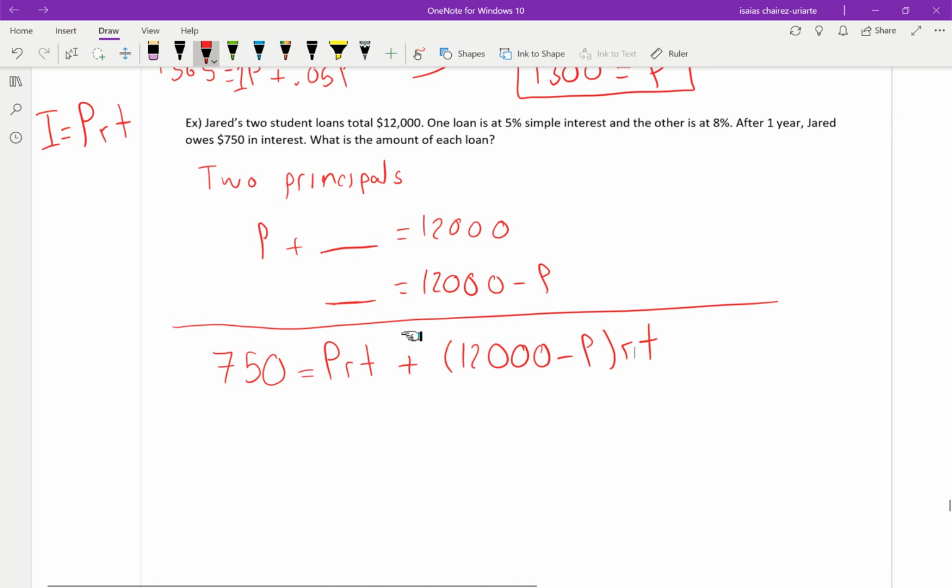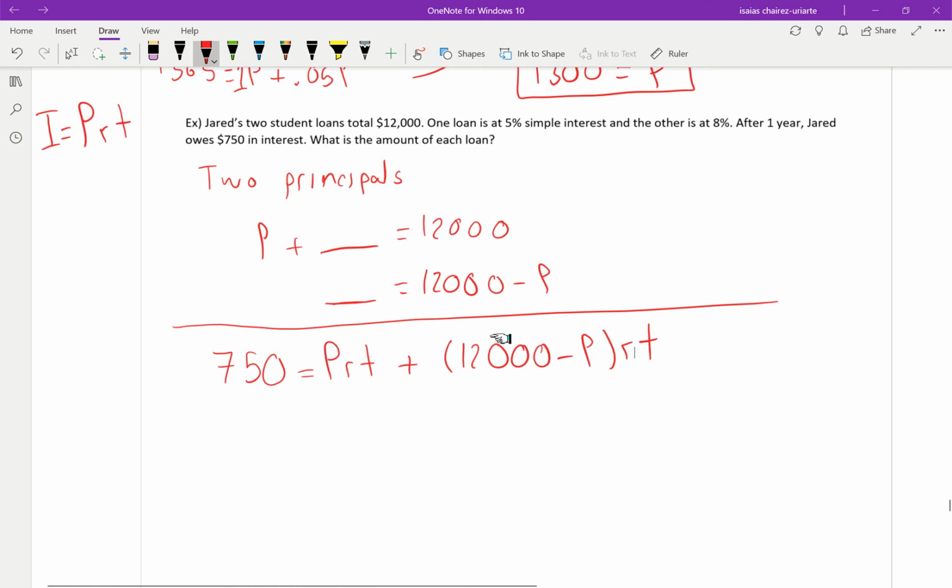Remember our interest equation says that it's the principal times rate times time. Well, right now we have this interest plus this other interest, because there are two principals.